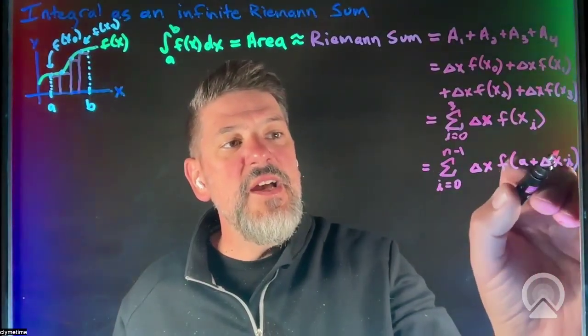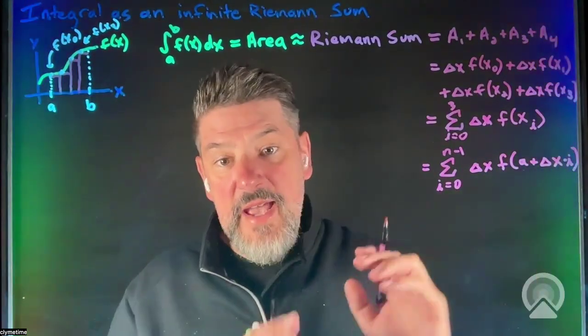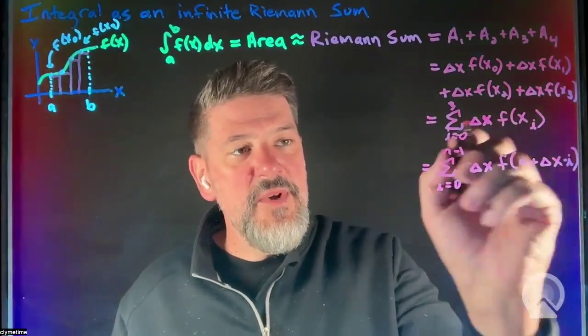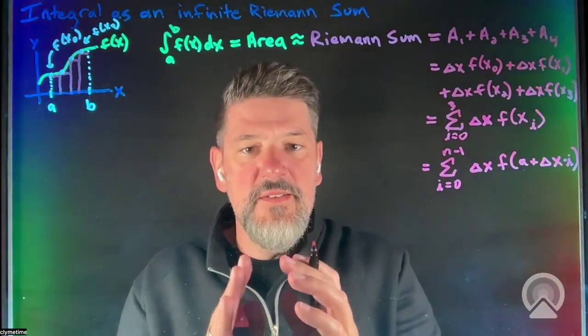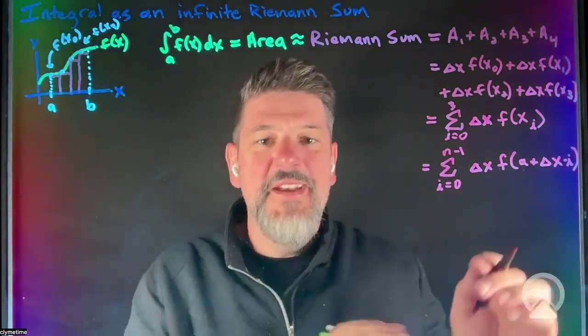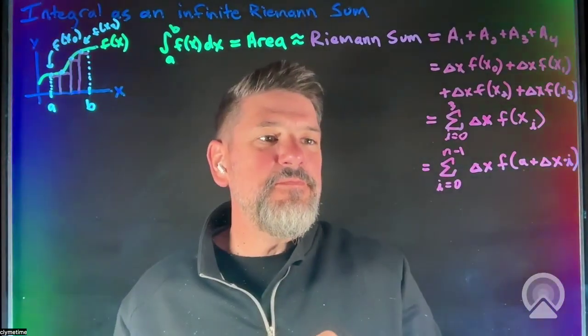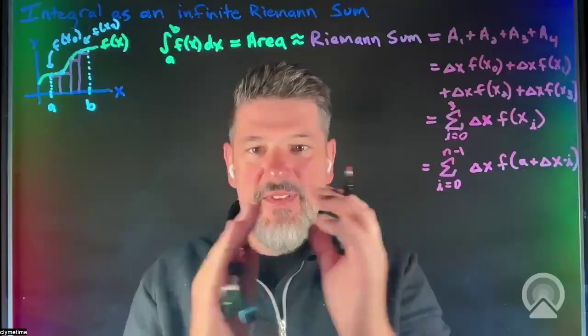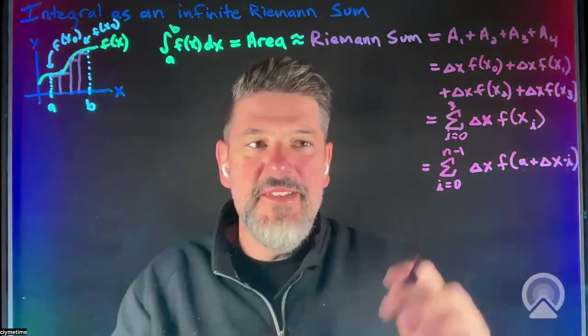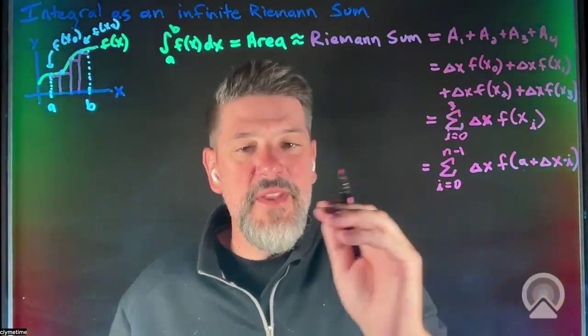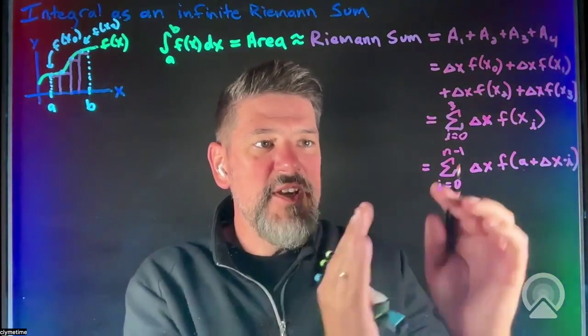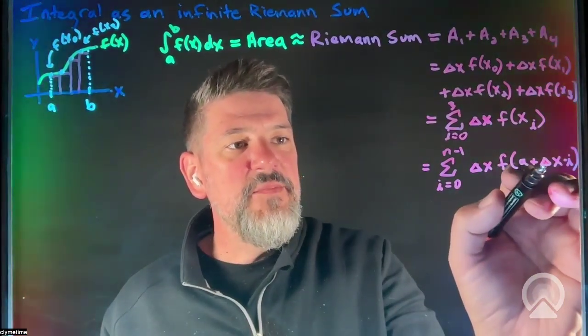Each term will have an x value, our x sub I, that's going to be 1 delta x over. I should show it this way. Yeah, 1 delta x over. I keep thinking that if I go this way, it's going to look correct to you, but it looks the same for me and for you. So as I go to the right each time, I will get 1 delta x beyond a.